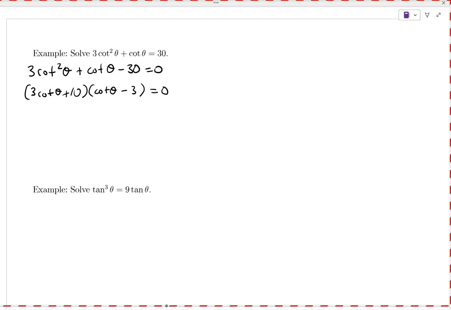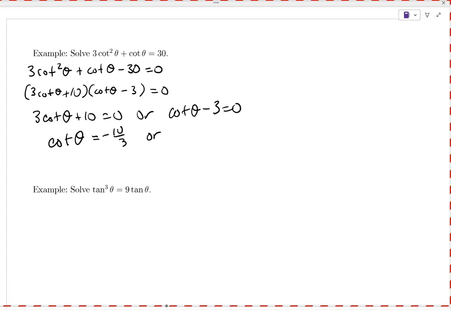What do we do next now that we have it factored? Yeah, so set that equal to 0, good. And then in each of them, isolate your cotangent.